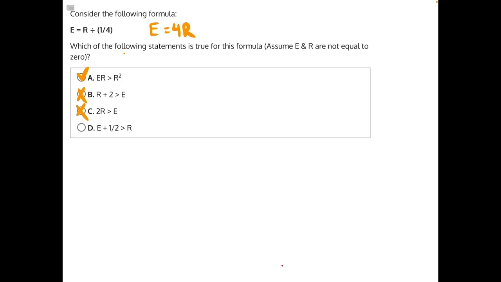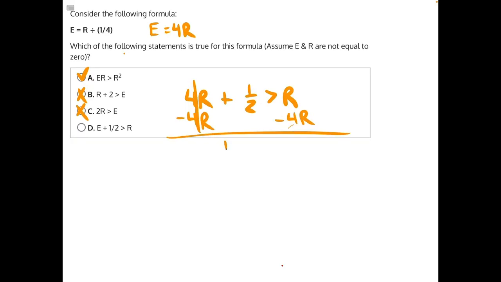And finally, for answer choice D, we have E, which is equal to 4R, plus 1/2 is greater than R. Again, use inverse operations to solve for our variable. We will subtract 4R from both sides. These will cancel, giving us 1/2 is greater than 1R minus 4R would give us a negative 3R.